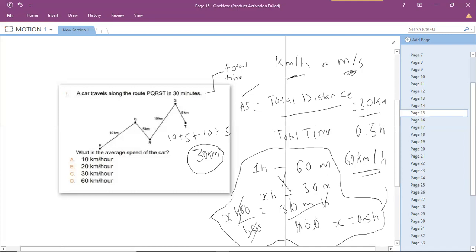Substituting, it would be 30 kilometers over 0.5 hours to give us 60 kilometers per hour. So just remember the standard SI units, we never use minutes. We either use kilometers per hour or meters per second.